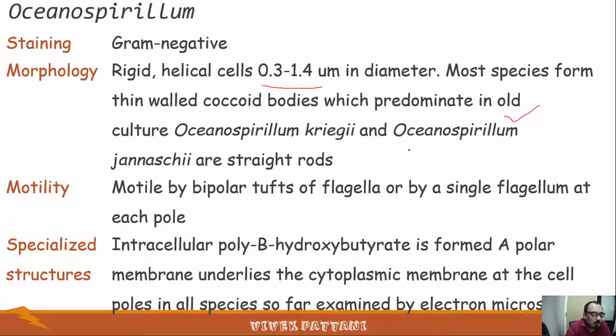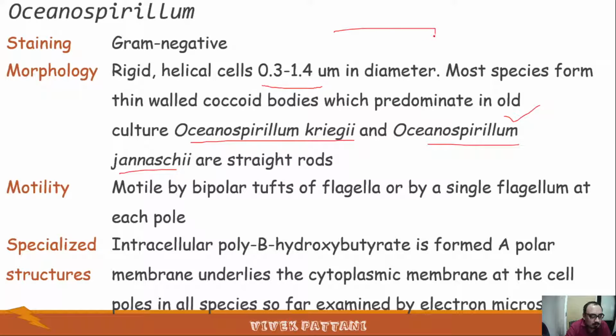The species Oceanospirillum kriegii and Oceanospirillum janannschia are basically straight rods, and motility is by bipolar tufts of flagella or by a single flagellum at each pole.